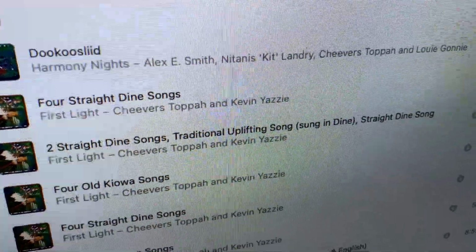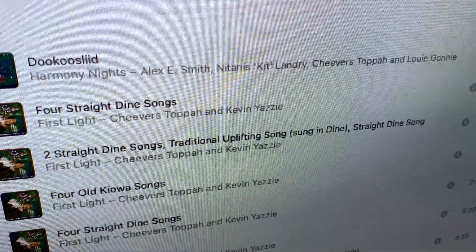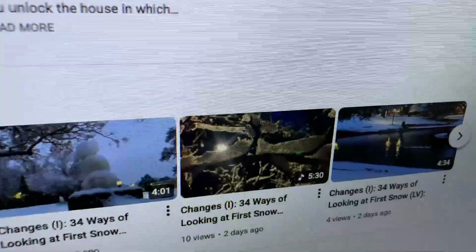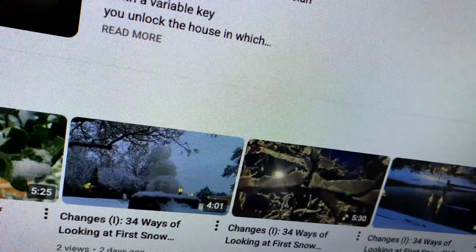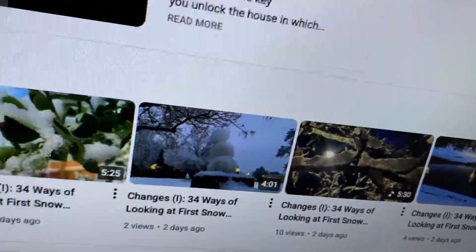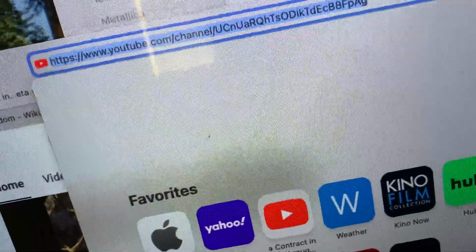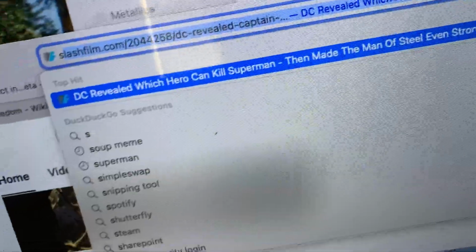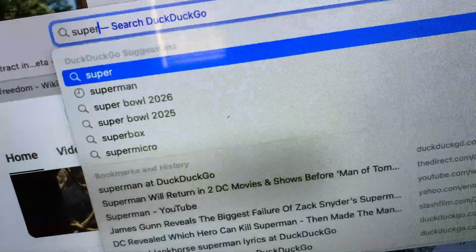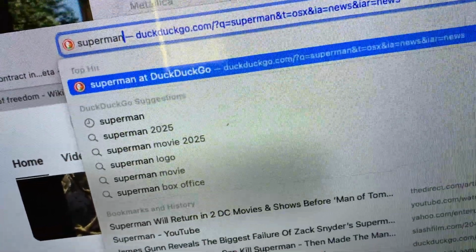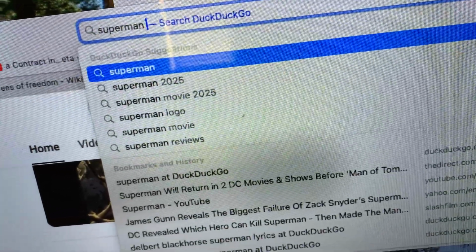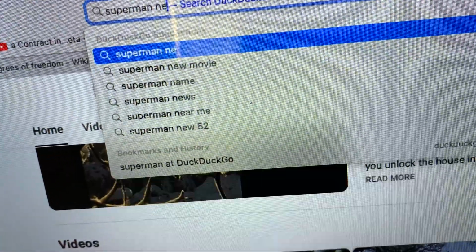If we look up, let's say we do an internet search for Superman. News.